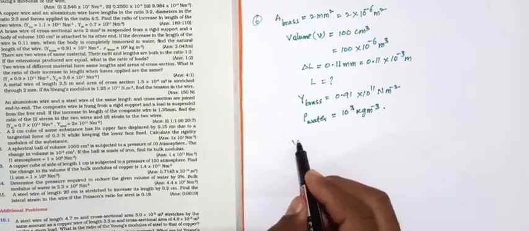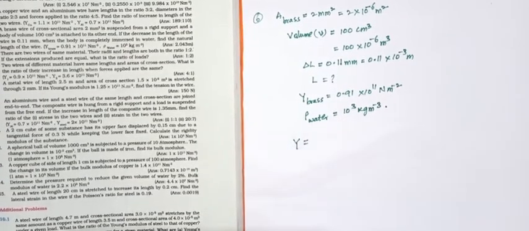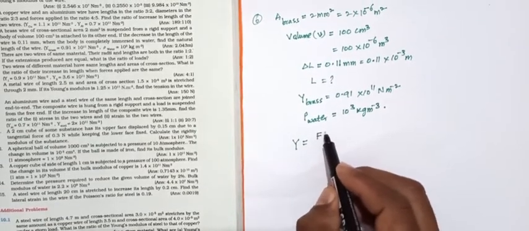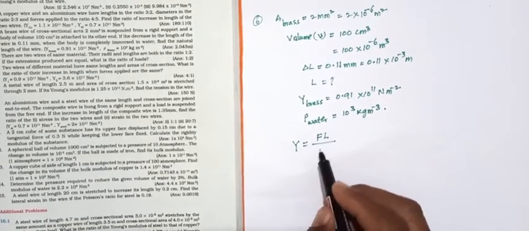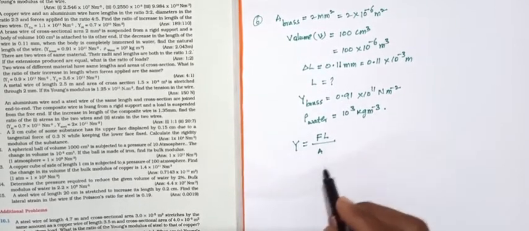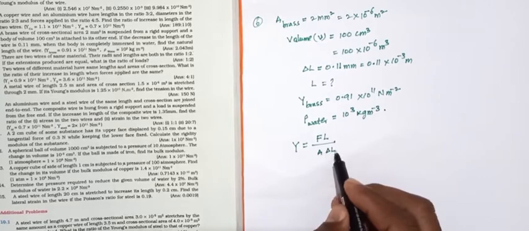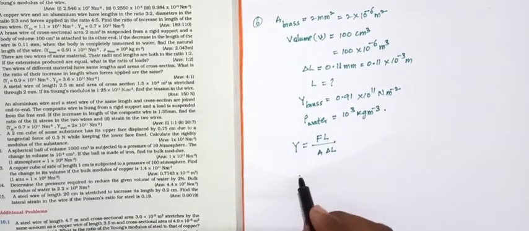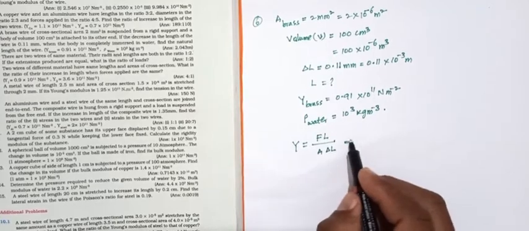Young's modulus Y equals force into length divided by area into delta L. We can find the length from this equation.